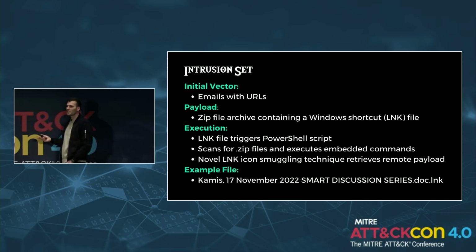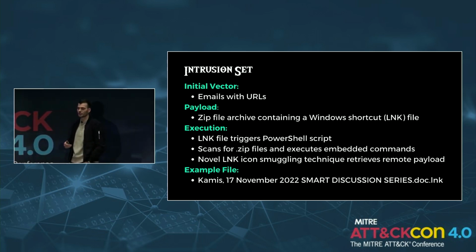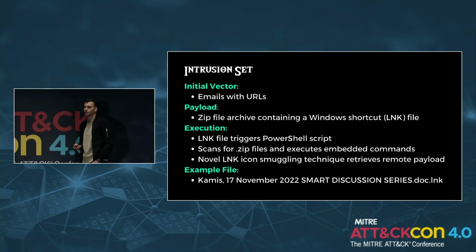It was a little circuitous in the way that it was attempting to execute, as well as maintain some of that persistence mechanisms. And the note that I want to make as well is the lure file name was geographically specific to a particular event that was happening in organizations globally.